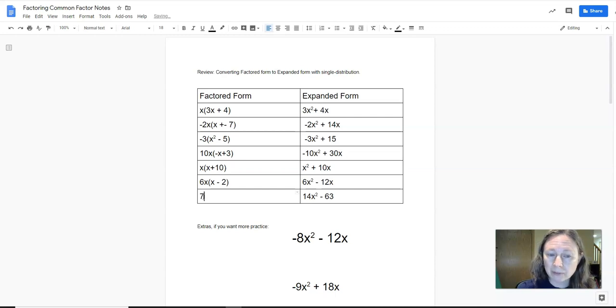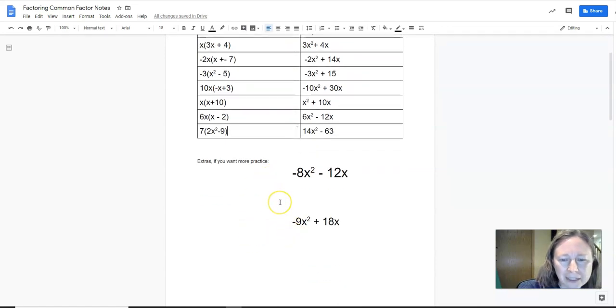We'll pull 7 only outside the parentheses, and then inside the parentheses, 14x squared divided by 7 is 2x squared, minus 63 divided by positive 7 is minus 9. And that is as factored as you can get that one without going into decimals and fractions.